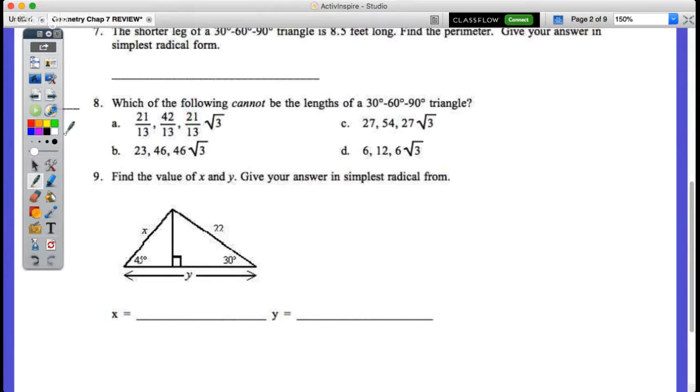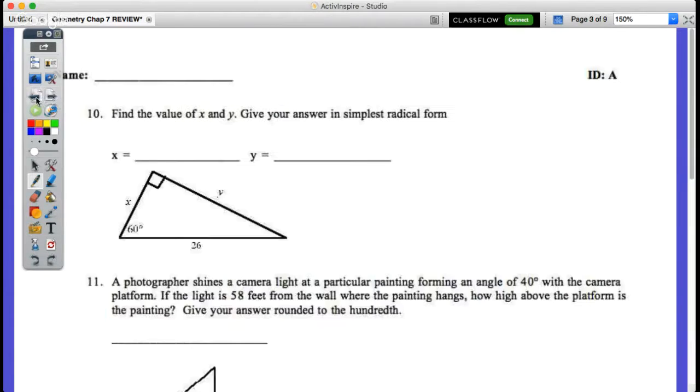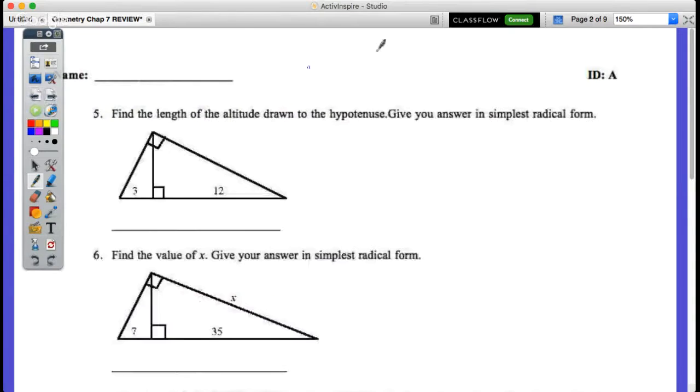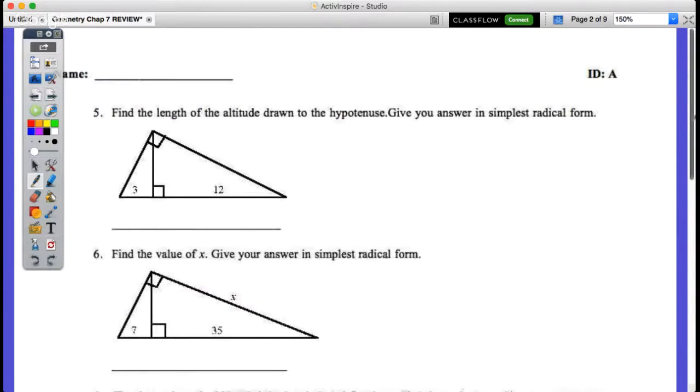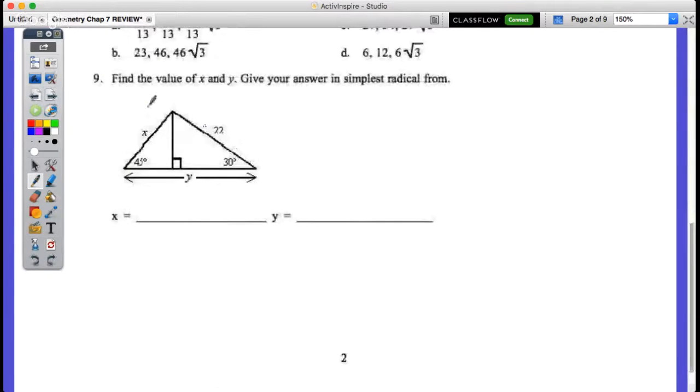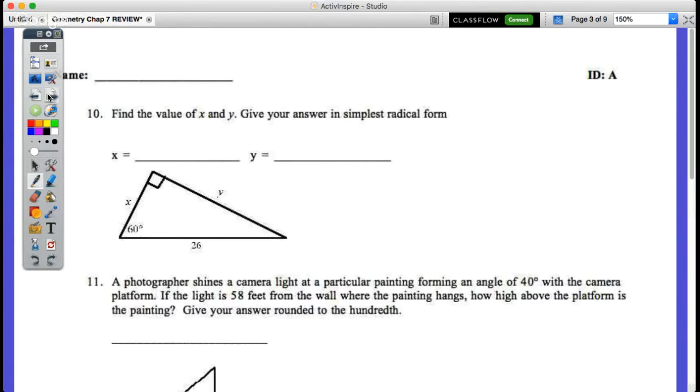Okay, that's all in the video. We're moving on to number 9. Can you use the altitude geometric mean? What are you gonna take an average of? You don't know the side lengths, so I don't think so. Okay, number 10.